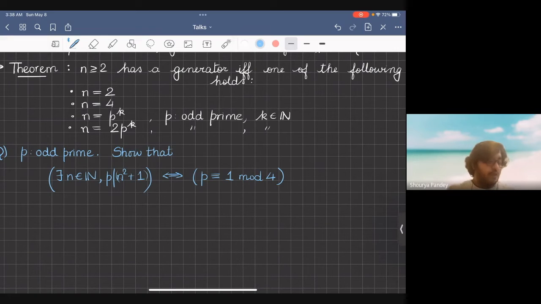This is true if and only if p is 1 mod 4. I just want to get started with this first. Any ideas?